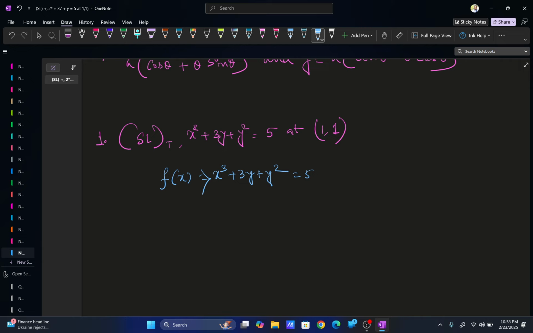The important thing is that a function is a representation of a curve. So when we find the slope of tangent, at first we apply the derivative on this curve.